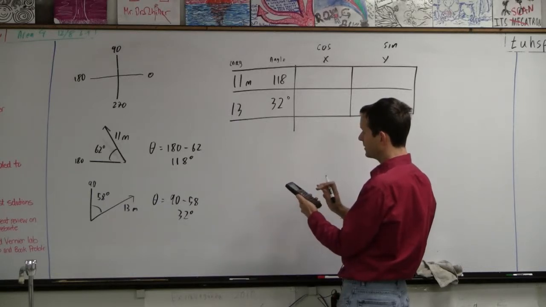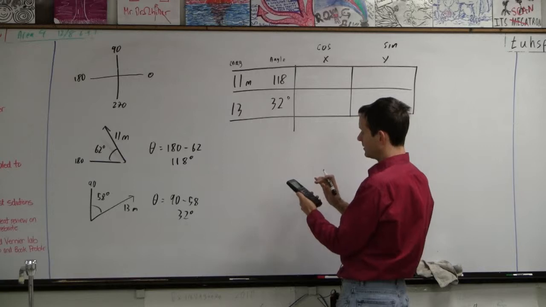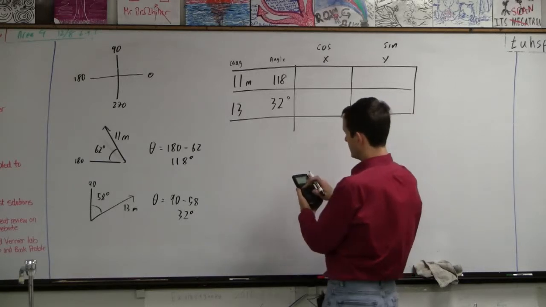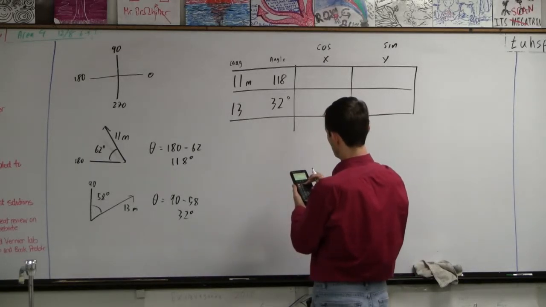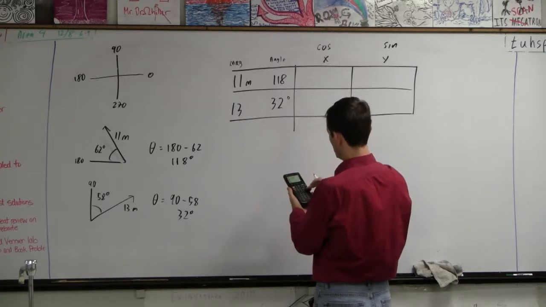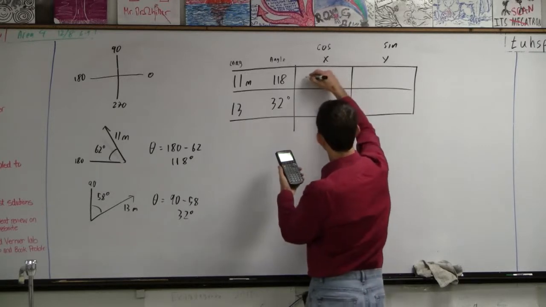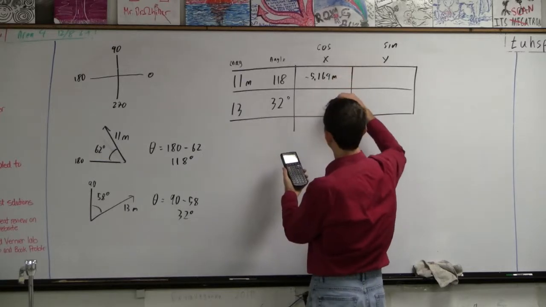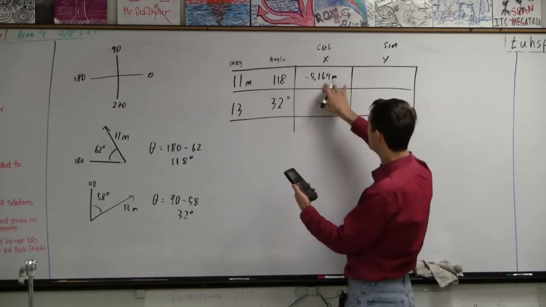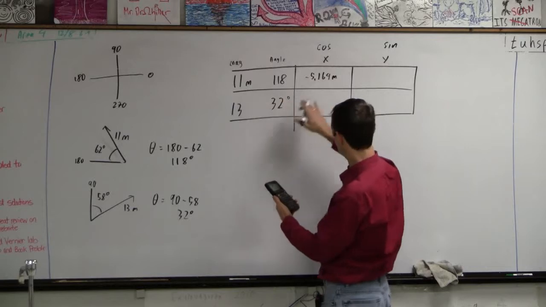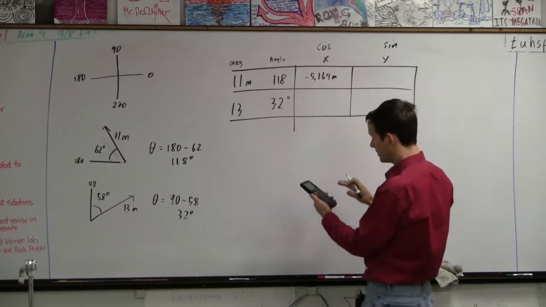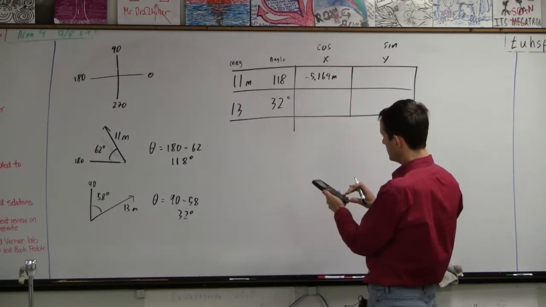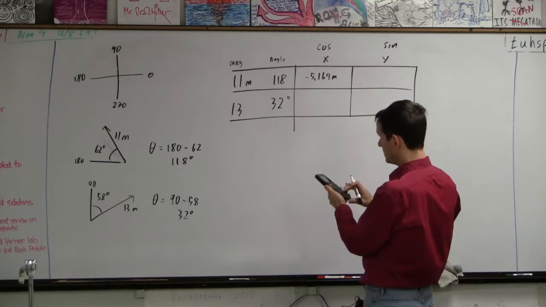Again, you want to make sure you are in degrees, so go mode, or on this calculator it's second mode. Check that you're in degrees. Yes, I am. I'm getting negative 5.164 meters, and I'm carrying a couple extra digits. I only have 2 here, really, but I'm going to carry 4.